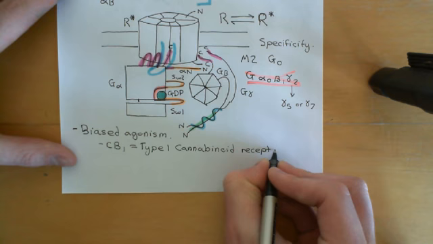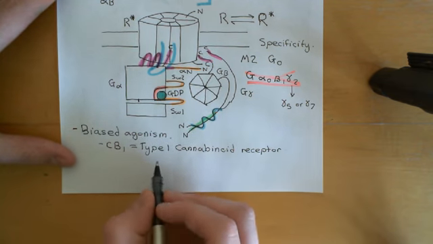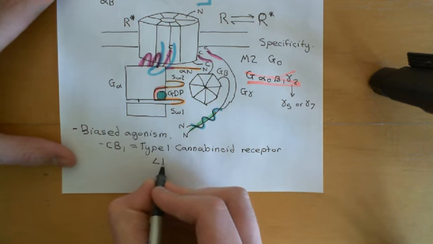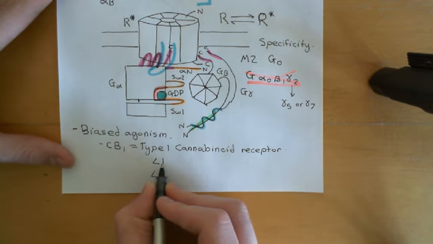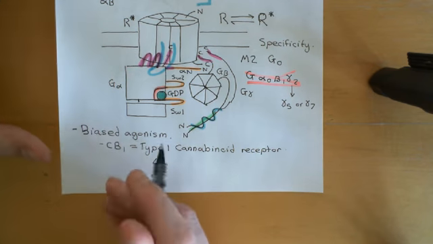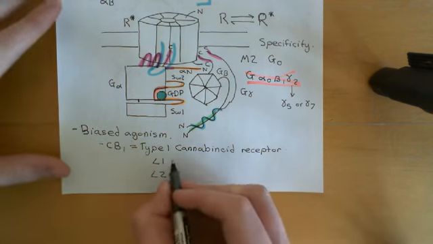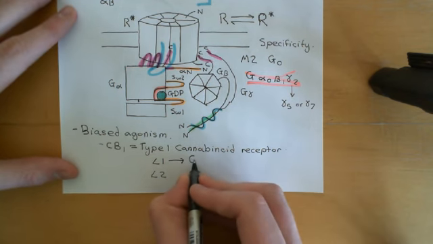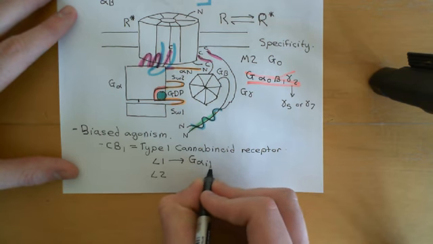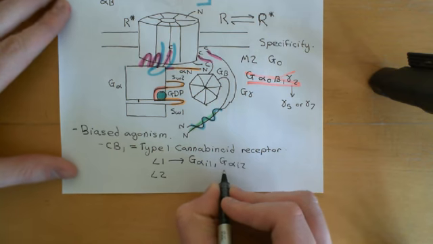But you also have a great number of endocannabinoids, which are also ligands for type 1 cannabinoid receptors. Now, basically, you can stimulate the type 1 cannabinoid receptor with different ligands, and we're just going to call these arbitrarily ligand 1 and ligand 2. When ligand 1 binds to the type 1 cannabinoid receptor, it will cause a change in conformation in that receptor that then allows it to activate heterotrimeric G proteins which have the alpha I1 or alpha I2 alpha subunits in them.